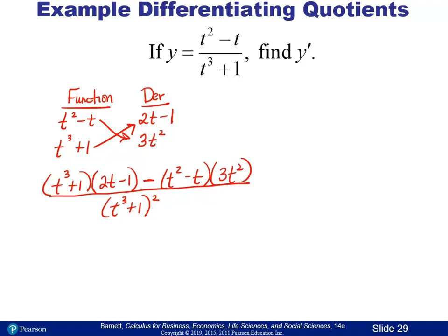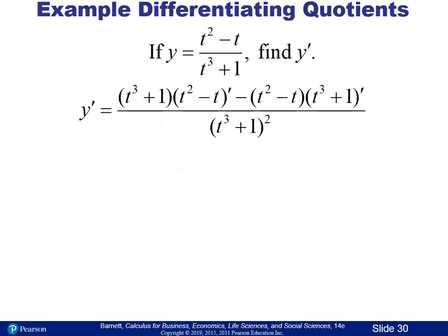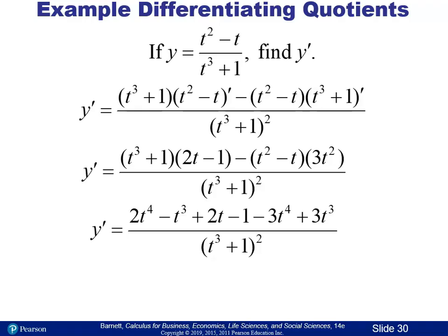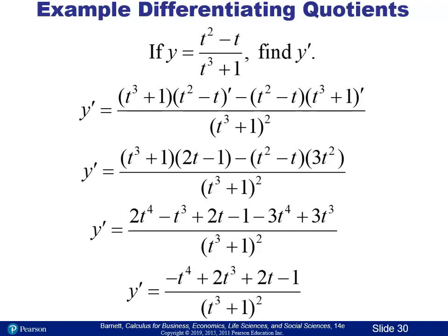I'm not going to go into simplifying it because, like I said, the focus really is on getting the pieces of the derivative. You would need to FOIL here, and you would need to distribute here. Okay, so you can see it's still pretty complicated.